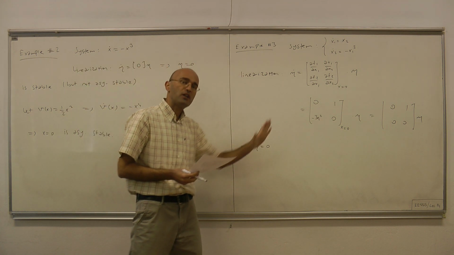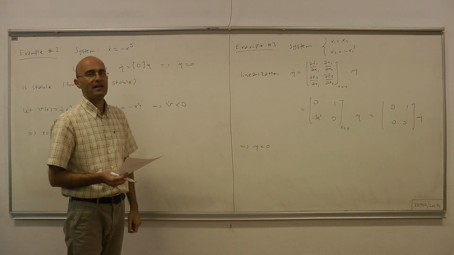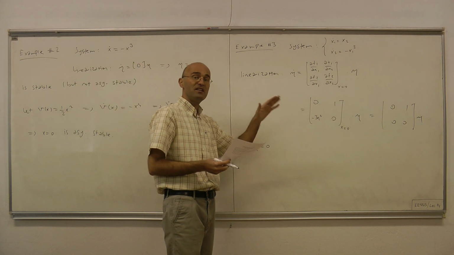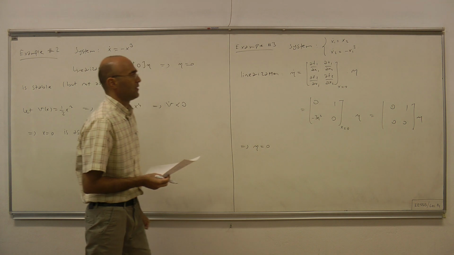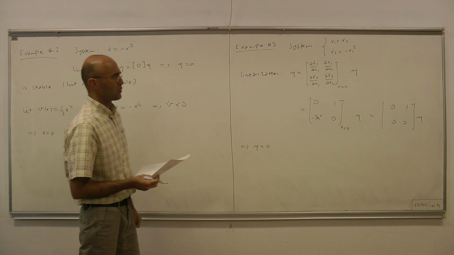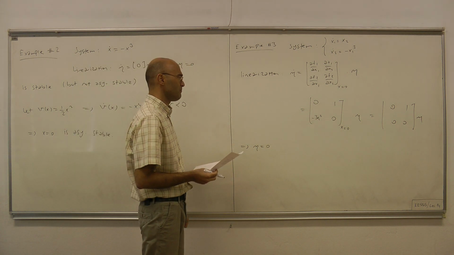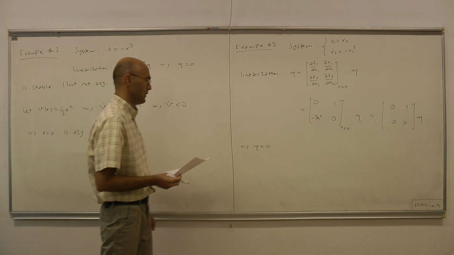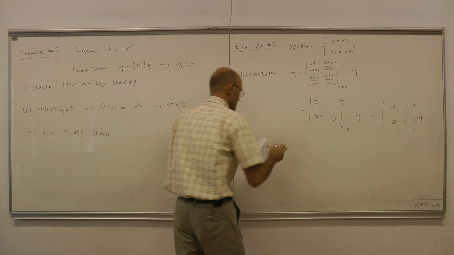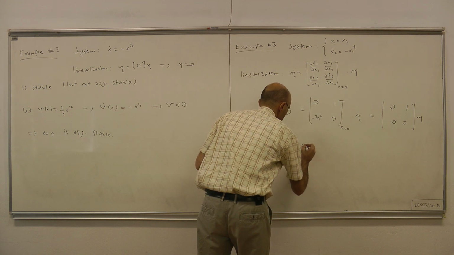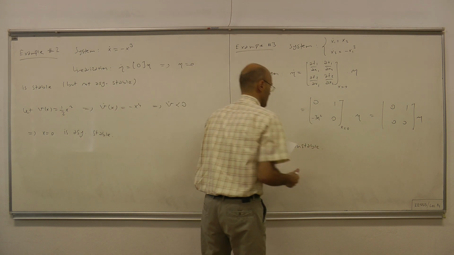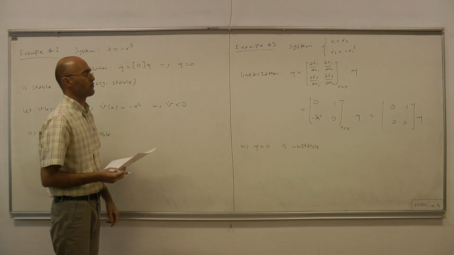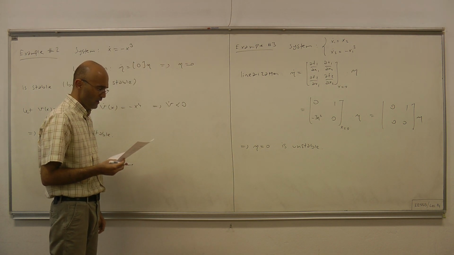Not perhaps exponentially unstable, but polynomially unstable. There will be some t-term, and the solution will be moving away from the origin in a polynomial fashion. So x equals 0 is an unstable equilibrium for the linearized system.